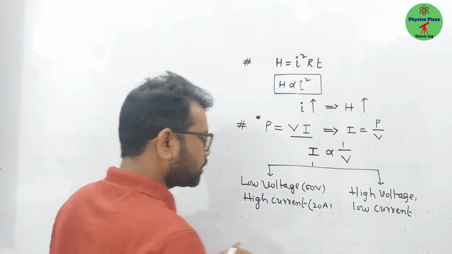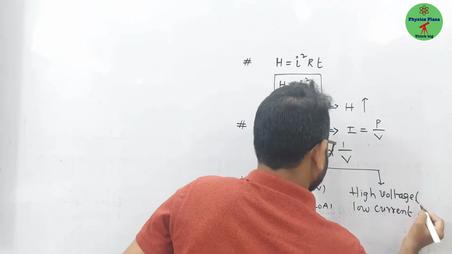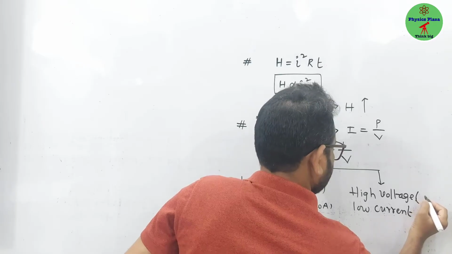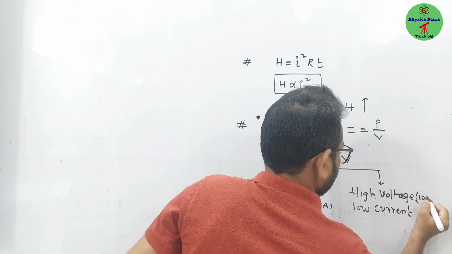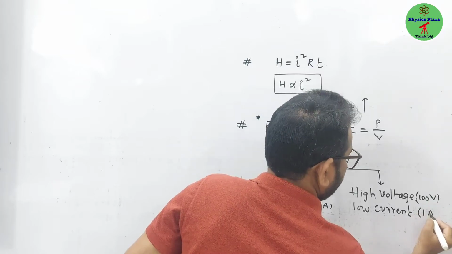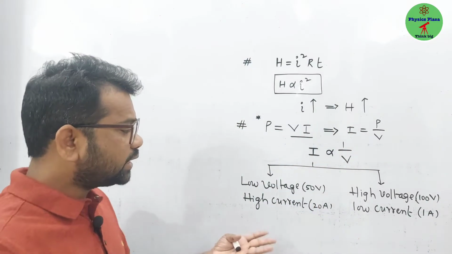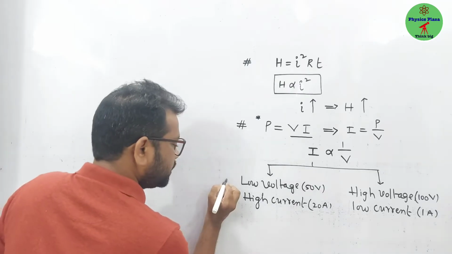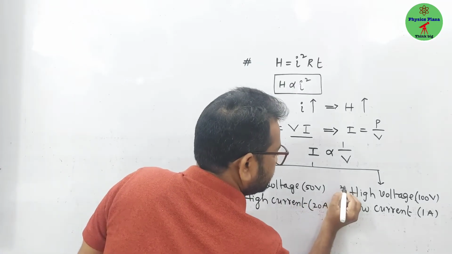Example, not exact. High voltage means, let us say, 100 V and 1 ampere current. Let us calculate the power, whether the power is the same or not in both cases.